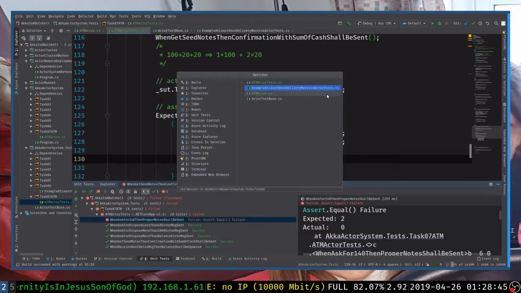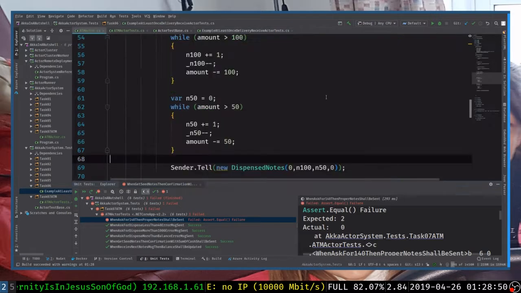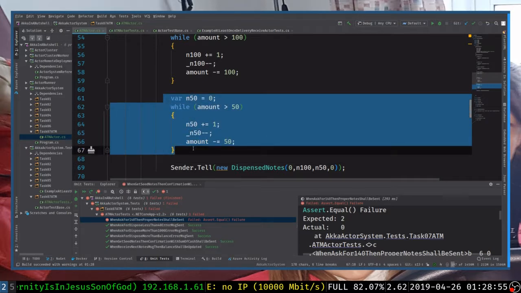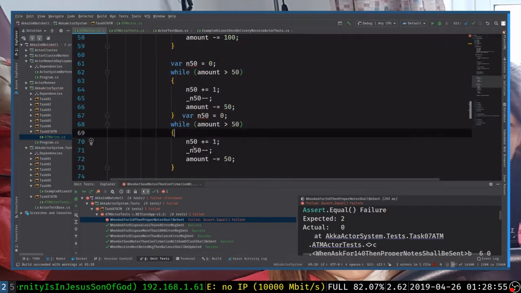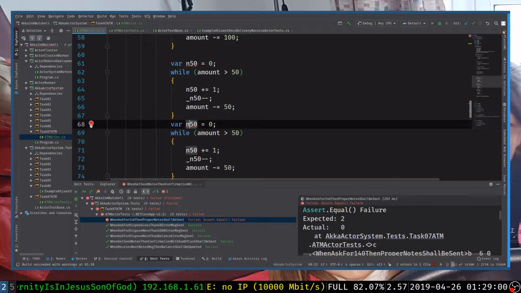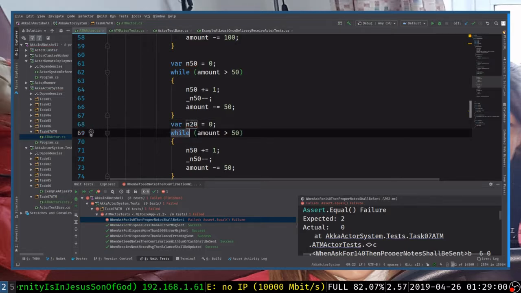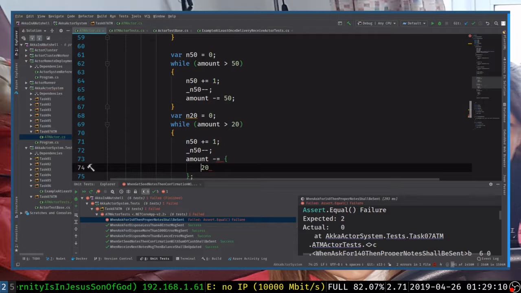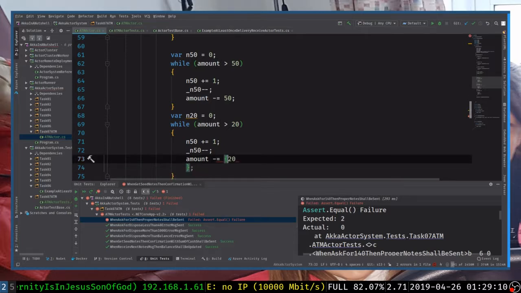Okay, so we are dispensing 140. We are dispensing 140. So that means we are not gonna get it here. 20, 20, 20.